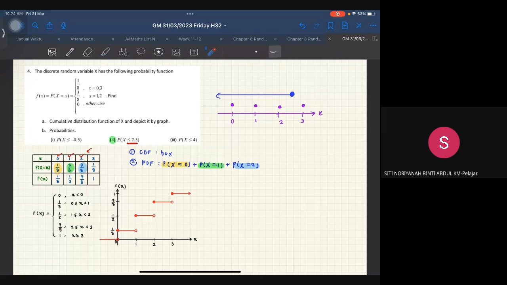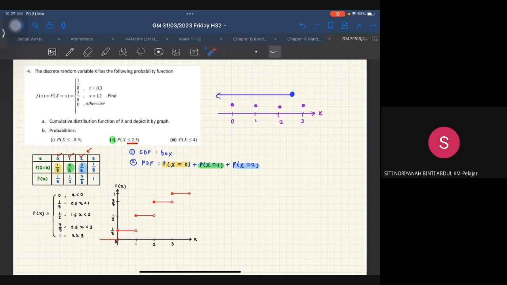Okay, so untuk soalan ini, dia memang tak cakap dekat awak, you need to do a table first. Dia tak ada pun cakap dekat bahagian pertama ni, find the probability distribution function table or find the cumulative distribution table. Tak ada. Tapi kita tahu, bila kita ada table, benda tu sebenarnya sangat memudahkan kita untuk buat the next step. Okay, so table kebiasaannya adalah the first step.